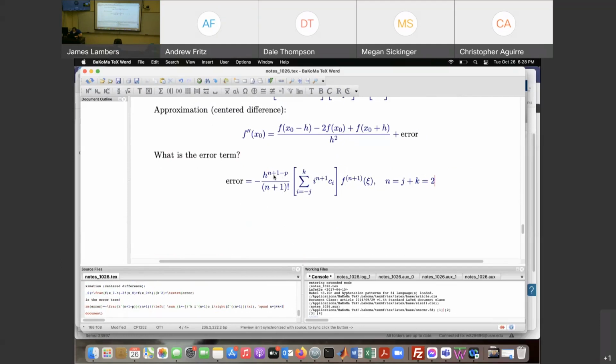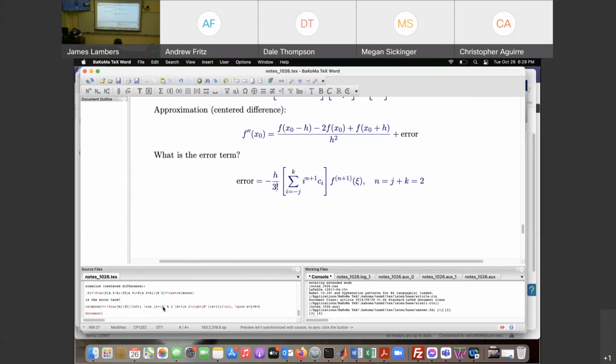P is equal to 2. So that would suggest that it's only order h. Actually, generally, if you use a minimum number of points, you're going to get an approximation that's first order accurate. And then we have 3 factorial down here.